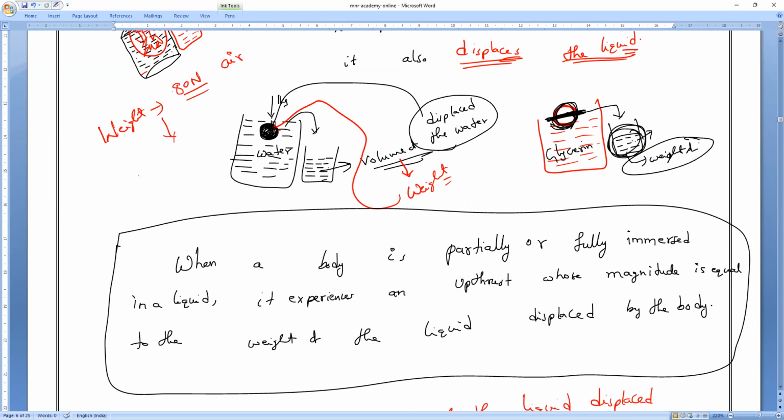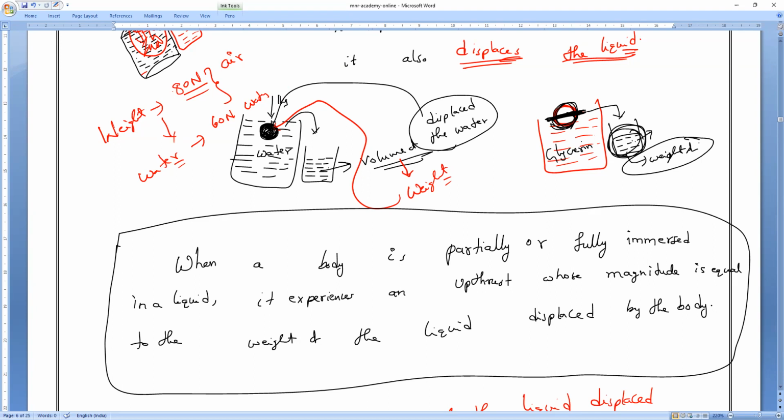If I put him in water, he may turn out to be 60 newtons inside the water. So is the weight decreasing or increasing? Decreasing. You understand? That is what we call loss of weight.